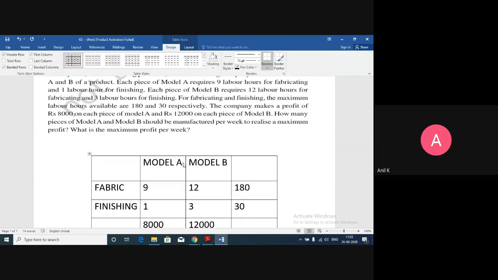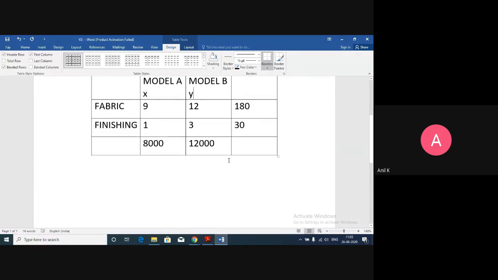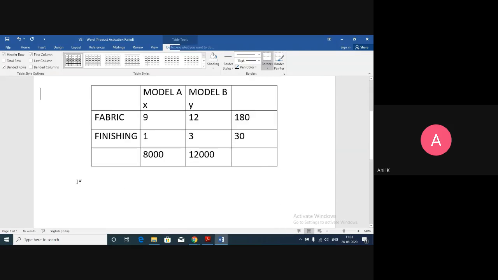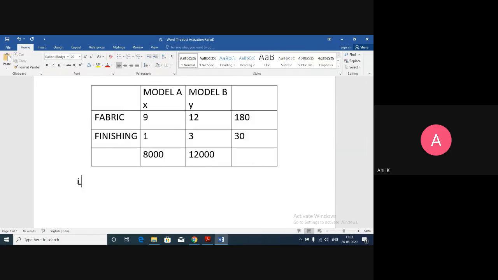So what I do here is, let's take X pieces of model A and Y pieces of model B. So you make the statement: let the number of pieces of model A equal X, and similarly let the number of pieces of model B equal Y. So I have taken X and Y.